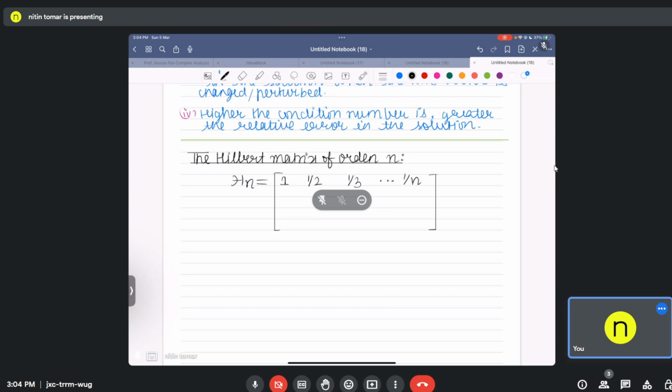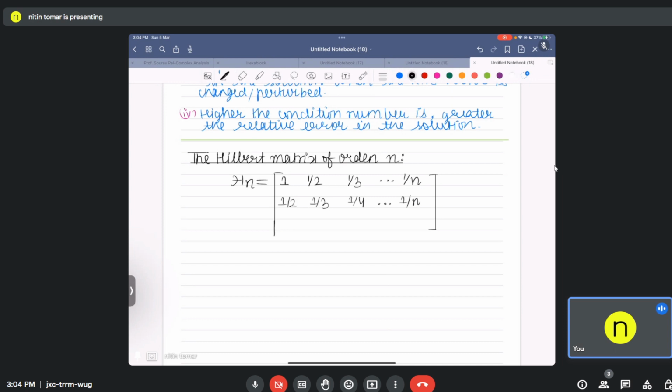Yeah. So this is a Hilbert matrix, first row. Then the second row is this: 1/2, 1/3, 1/4, and so on and so forth till 1/n.